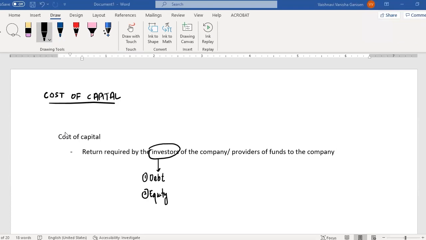All right. So now, when we talk about cost of capital, you also need to understand that it is normally used as a discount factor when calculating the NPV of a project. Why? Because NPV is the net present value.